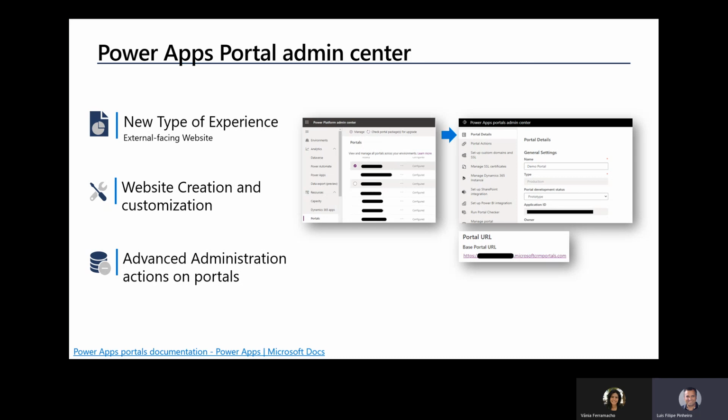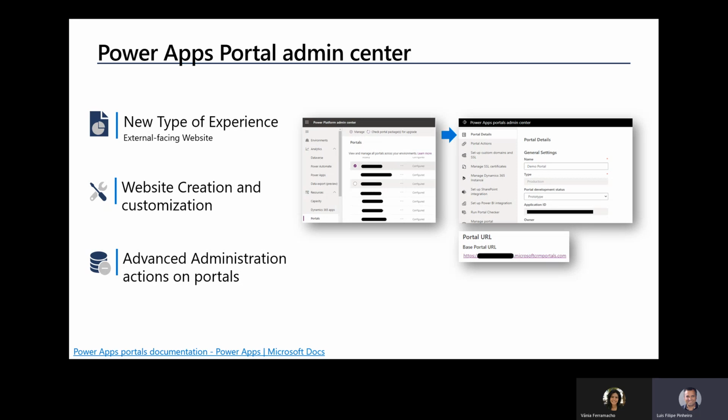I won't describe all of them, but you have some that are very interesting, like the portal details that you can use to change or update the portal name, or to convert your trial portal to a production portal. You also have the portal actions that allow administrators to configure specific portal settings and perform actions against a configured portal, like adding a custom domain or restarting the portal.